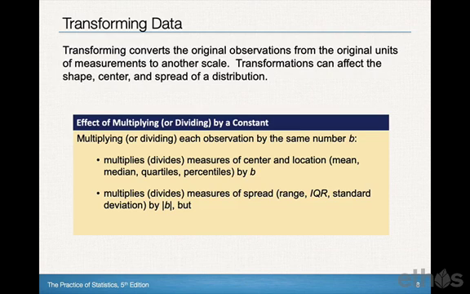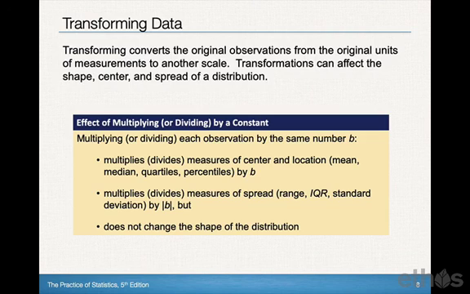What's different is what multiplying does to measures of spread. All measures of spread, range and IQR and standard deviation, are multiplied by the absolute value of the number, but shape is not affected by multiplication. So notice shape is not affected by any of the operators, add, subtract, multiply, divide. Shape never changes. That's because it's not a number.